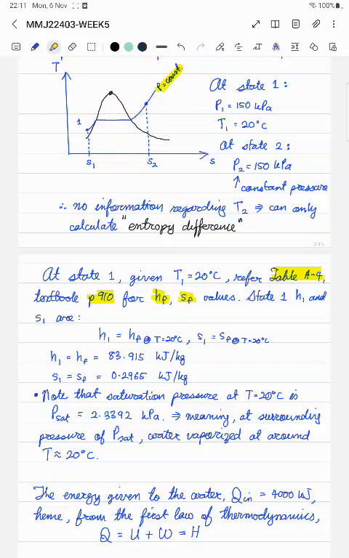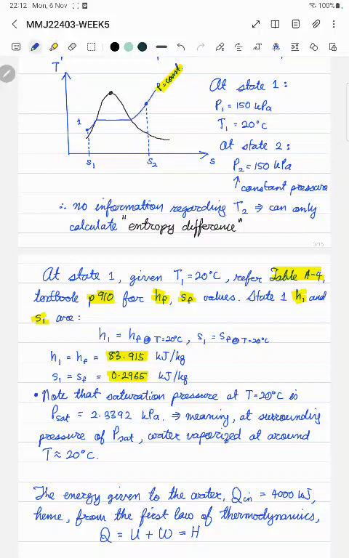state. So for state 1, we are going to mark the enthalpy as H1 and the entropy as S1. From the table, you can get the value. H1 is 83.915, and S1, the entropy for the fluid, is 0.2965.